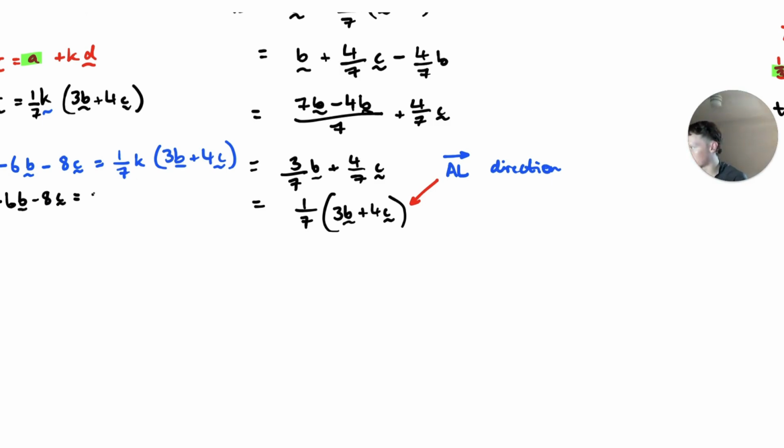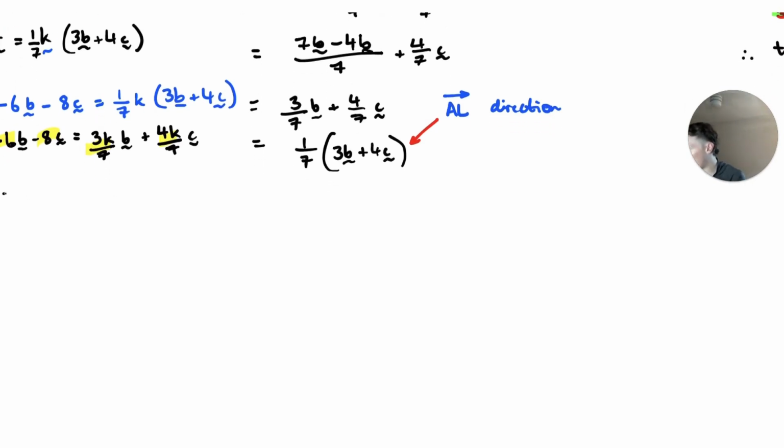So that gives us 3k on 7 times b plus 4k on 7 times c. And now we can equate -6 to 3k on 7 and -8 to 4k on 7.